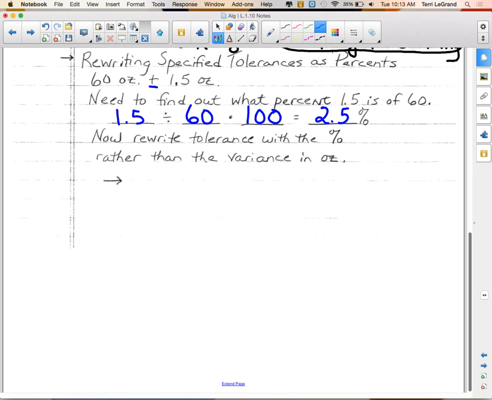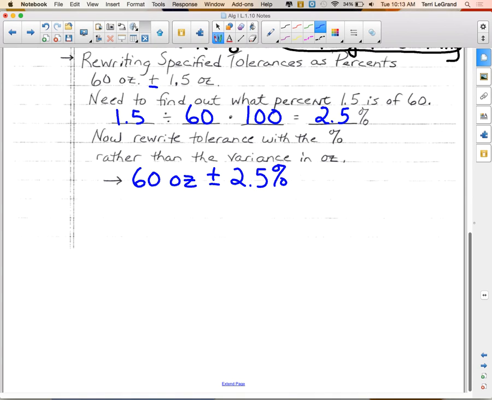Now it says rewriting specified tolerances as percents. So instead of it being plus or minus the number of ounces, we're going to say plus or minus the percent. So we're going to go back and say 60 ounces plus or minus. We're going to replace the ounces with that percent.